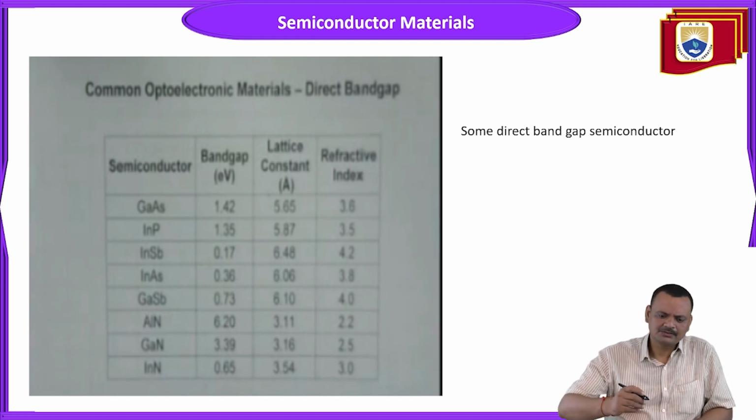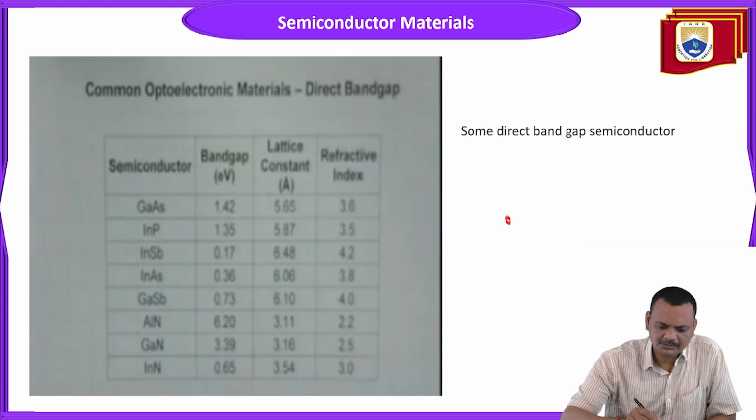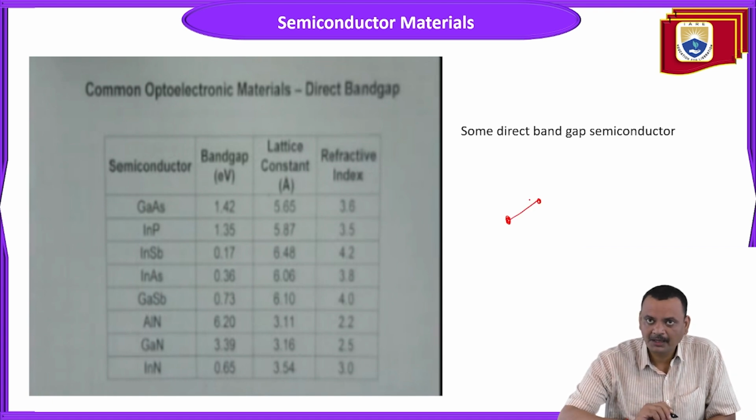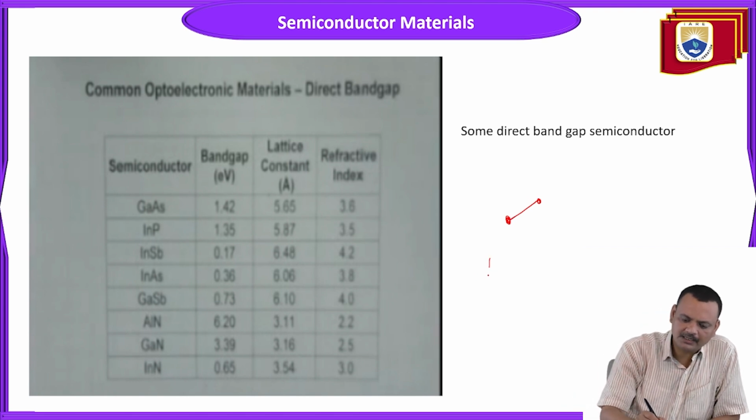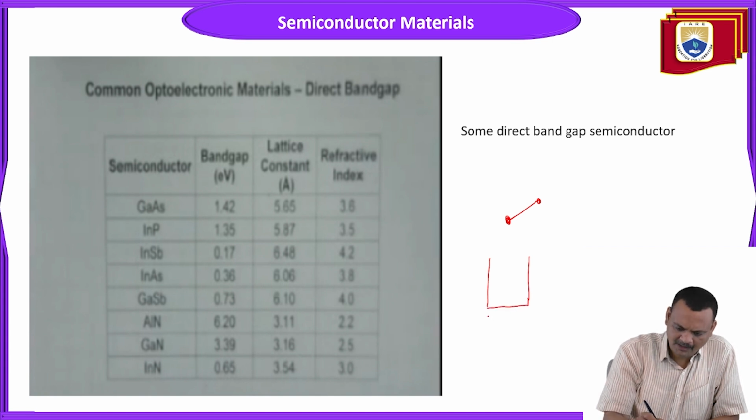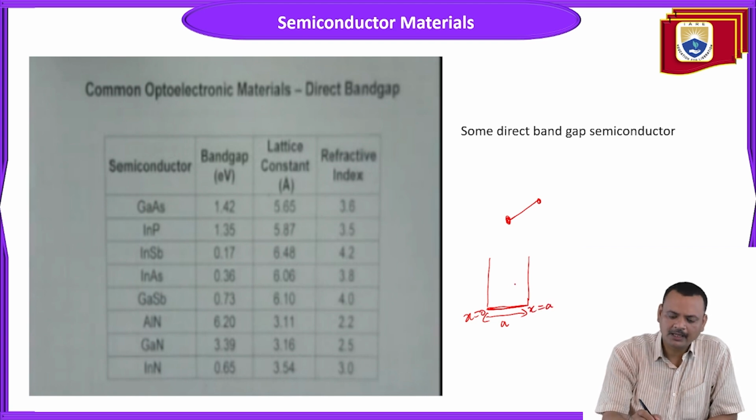Why? Lattice constant means, suppose one atom is placed here and another atom is placed here, so it is the distance between these two atoms. From quantum mechanics, if a particle is trapped inside a box of length A, extending from x equal to 0 to x equal to A, with infinite potential, the particle will be trapped inside this box only.